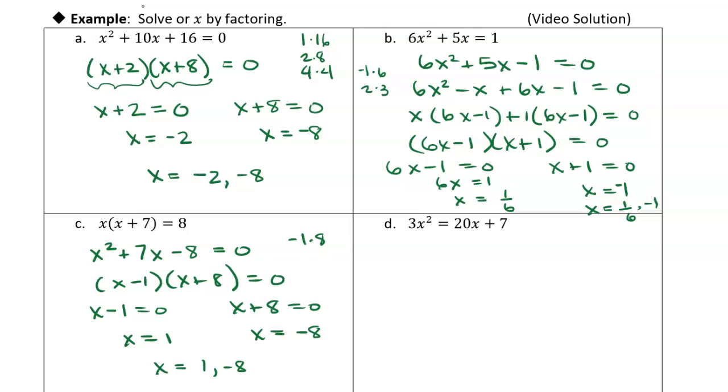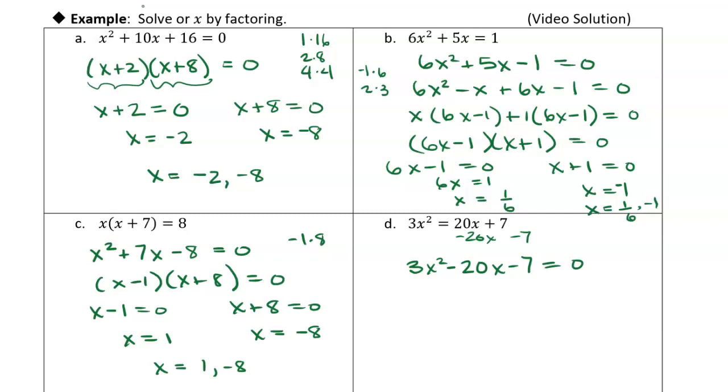So what I'm going to do is subtract 20x, and I'm going to subtract 7 from both sides, right? So then I get 3x squared minus 20x minus 7 equals 0. All right, that's an equation in an equivalent form.